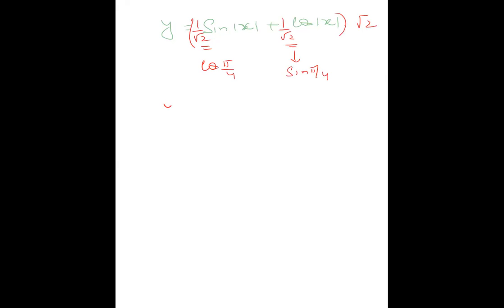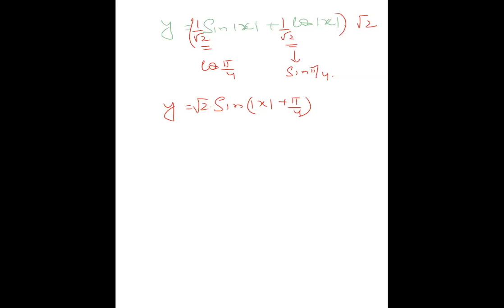Now applying the formula, we get sine of mod x plus pi by 4, multiplied with root 2. Root 2 times sine of mod x plus pi by 4.